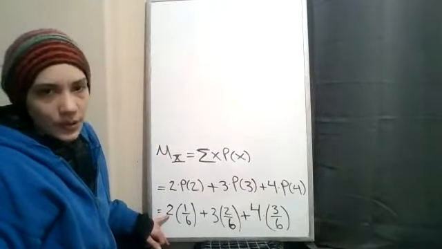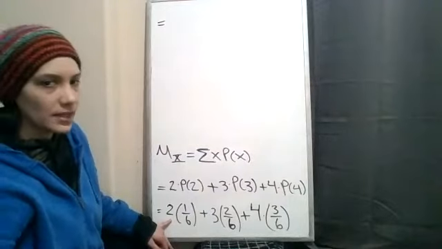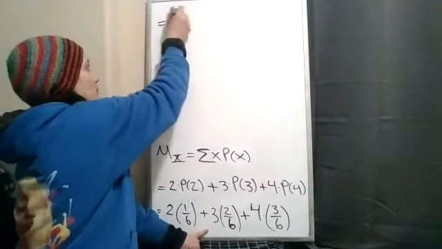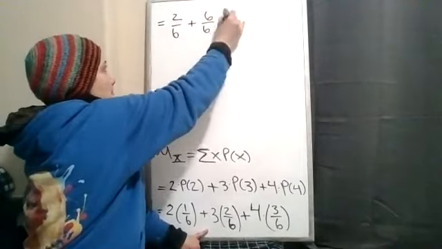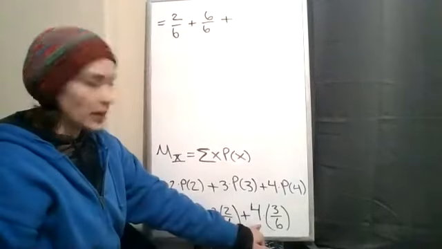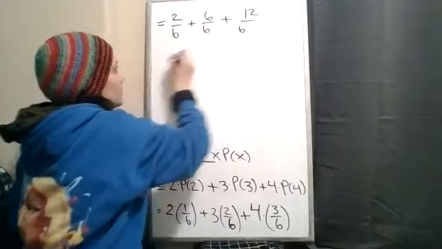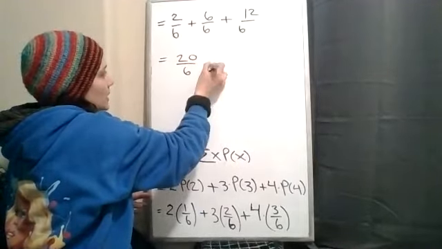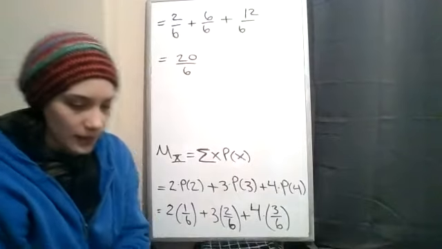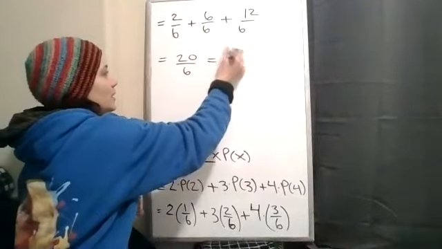I will just work this over here. And we have 2/6 plus 6/6. And 12/6. I got 20 out of 6. And I guess just a little simplified.